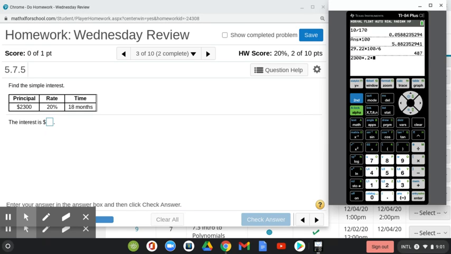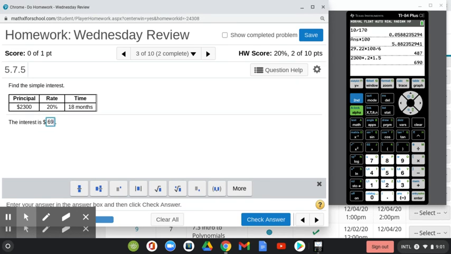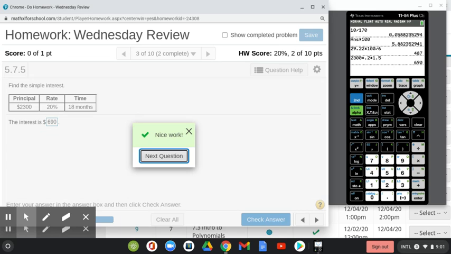And time is usually in years, so what I want to do is 1.5, because that's how many years are in 18 months. If you're not sure, just divide it by 12. Okay, and I got $690. And there's number 3.